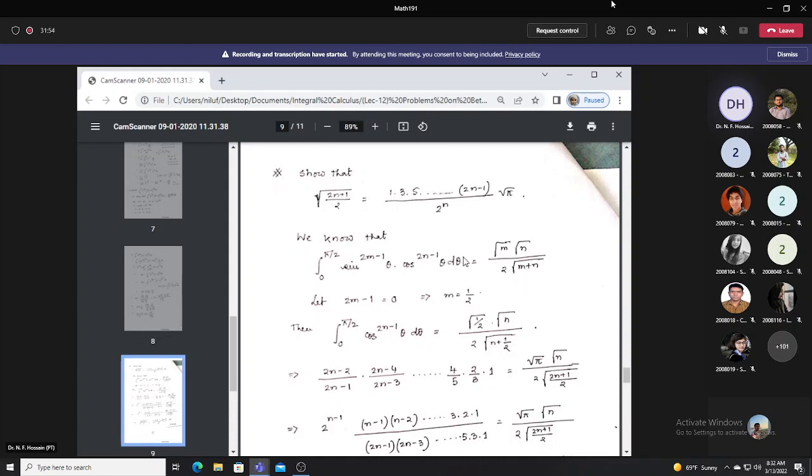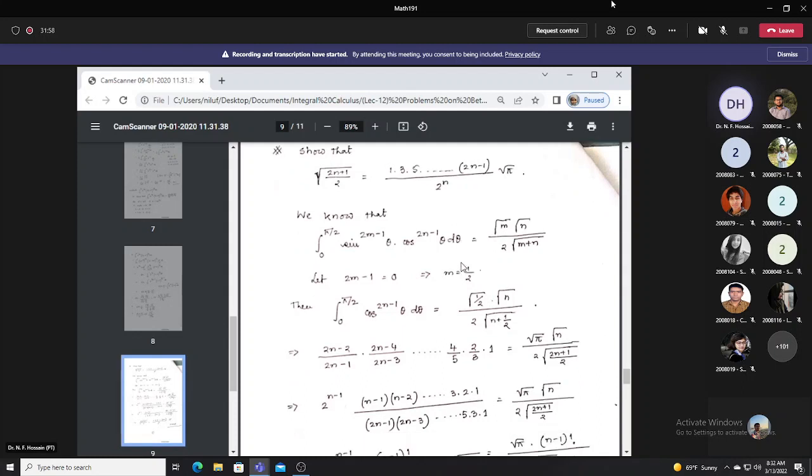We have seen it earlier. We have got this relation earlier. So here, let us put 2m minus 1 equals to 0, which gives you m equal to half.